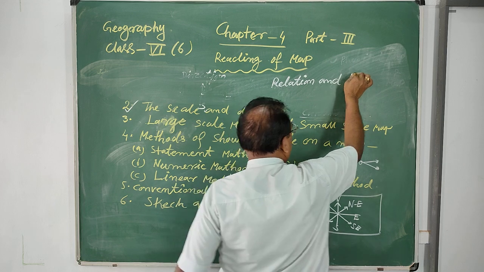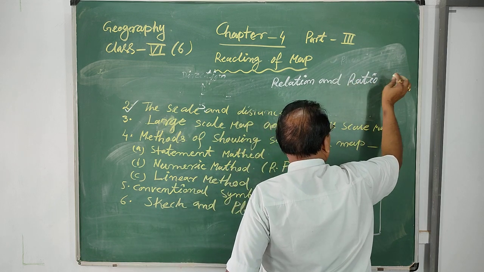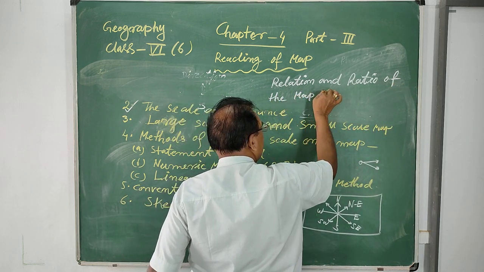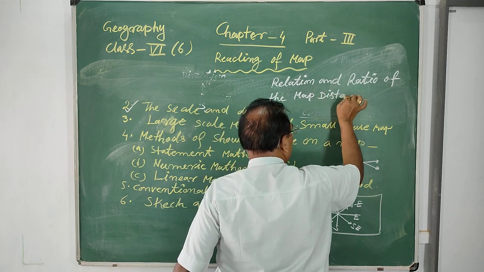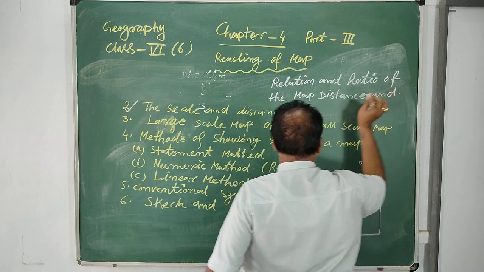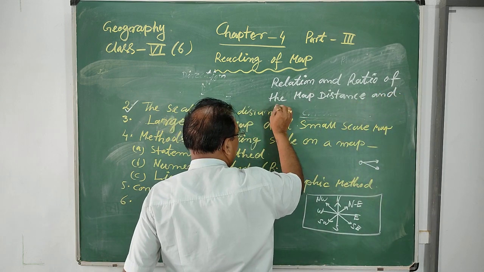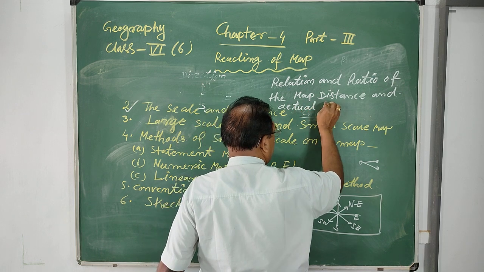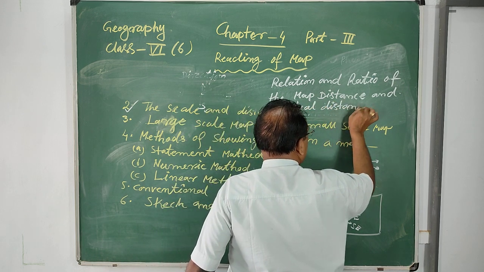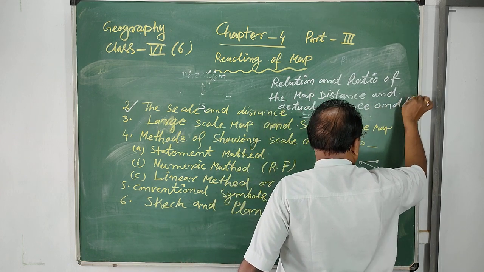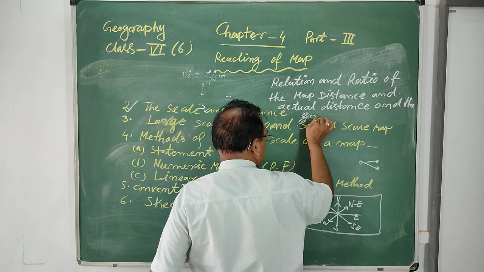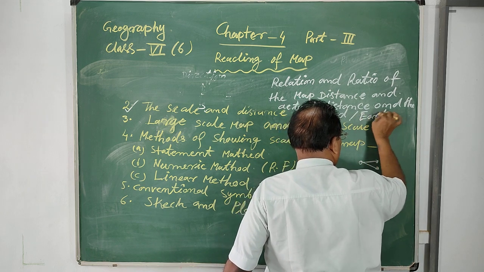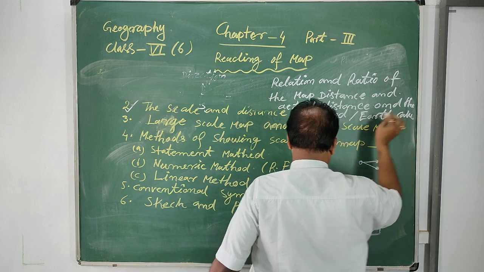ratio of the map distance and earth distance, the actual distance on the ground or the earth, called the scale.